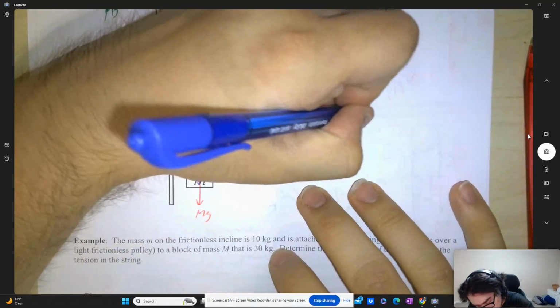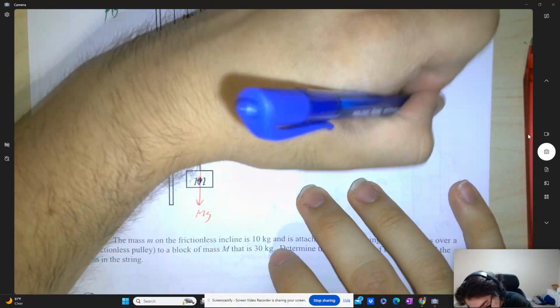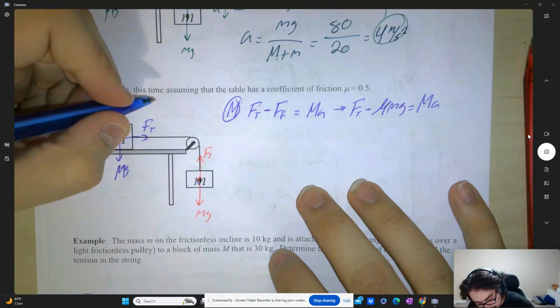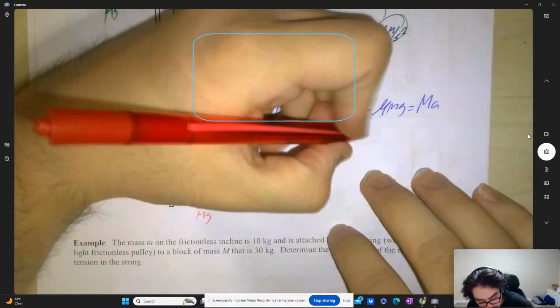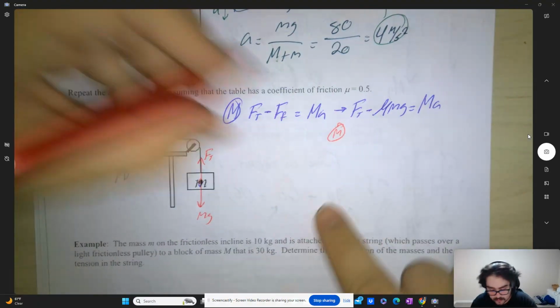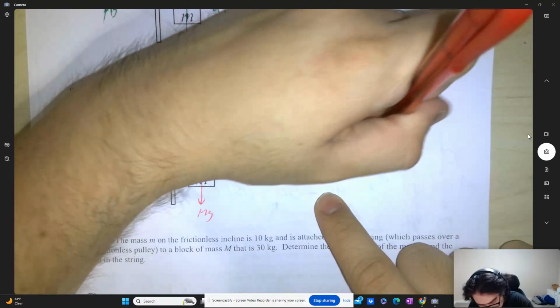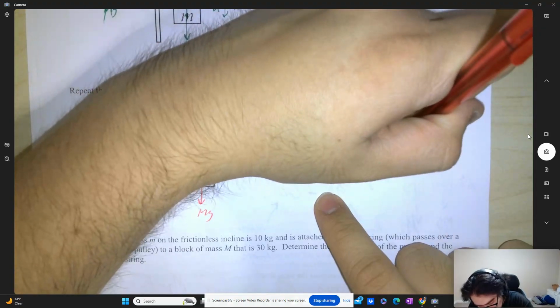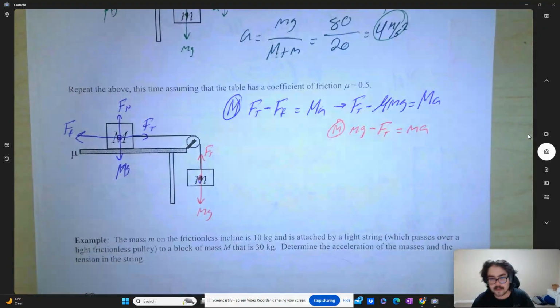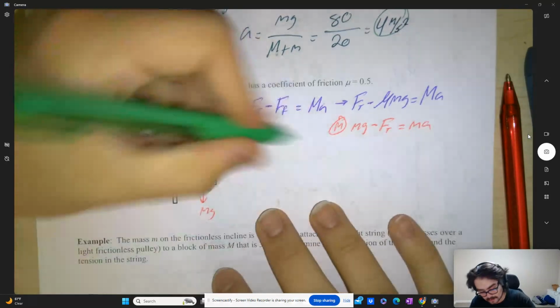So it should be Ft minus mu Mg equals capital Ma. And then when I write my expression for little m, I'm going to do little mg minus tension force equals little ma.